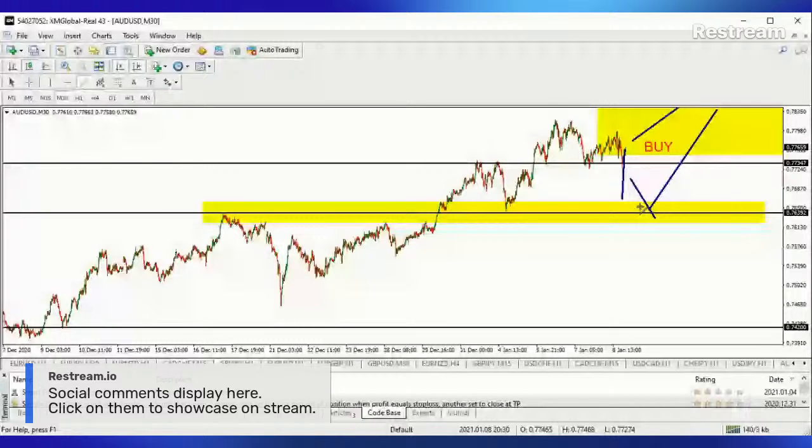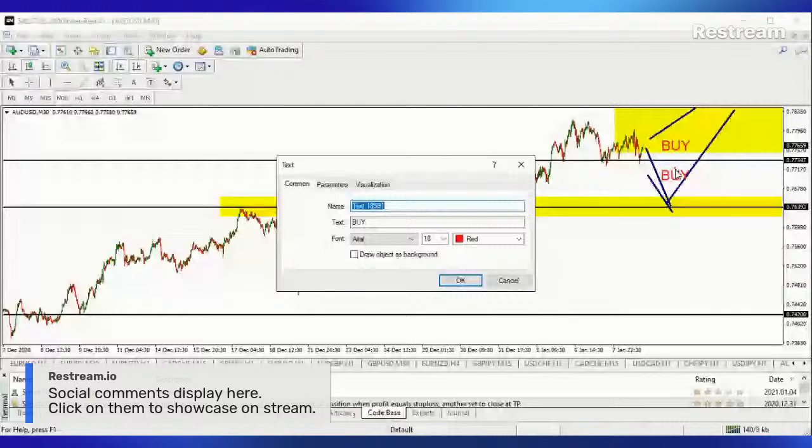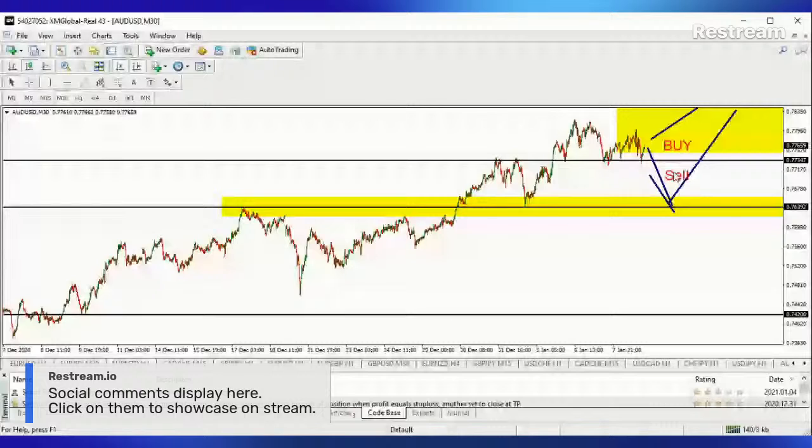The reason I'm saying it may push down is because right now it's pegged by the US dollar. So the US dollar might be strong this week. If it's strong enough, it'll push it down right to here. But if not, you can still buy and put your stop loss here.